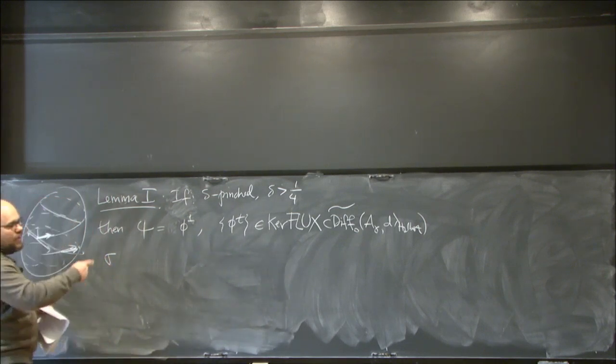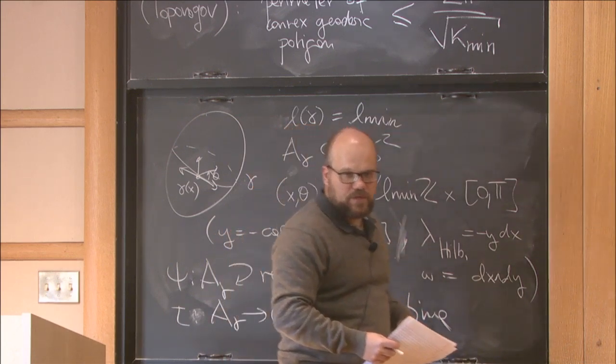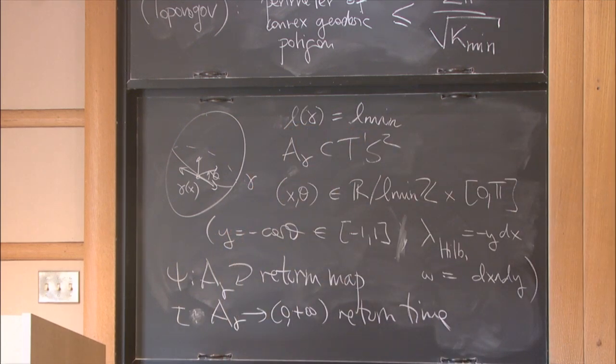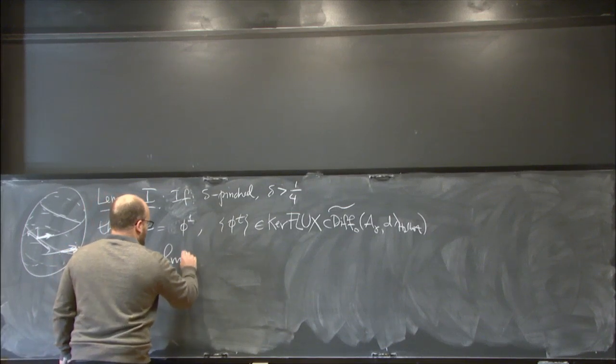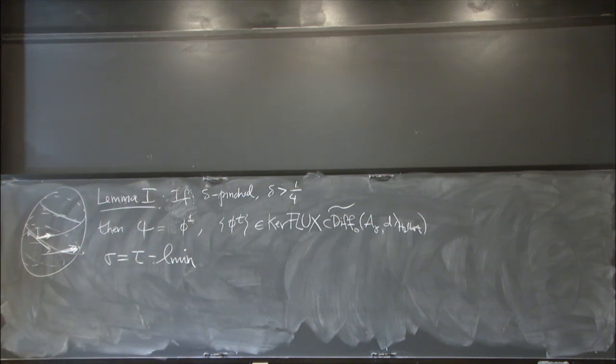So this action is associated to this isotopy and the particular primitive. We're going to always fix the particular primitive of the area form given by the Hilbert form. It's related to the return time by this formula. Okay, so that allows for a dictionary between dynamics and geometry.